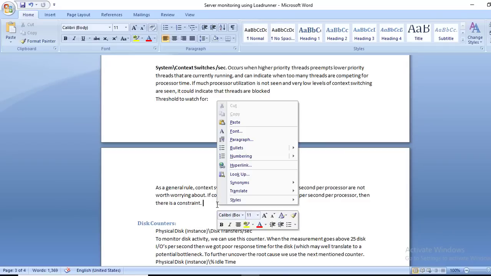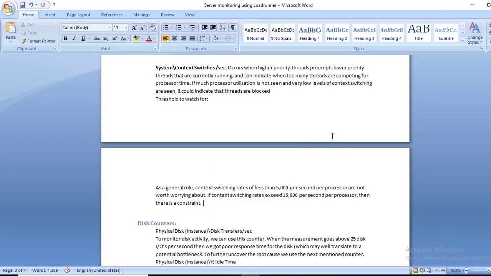So if context switching is low, there is no problem. But if more and more higher priority threads are preempting lower priority threads, that means they are blocking the threads, so it should not occur.